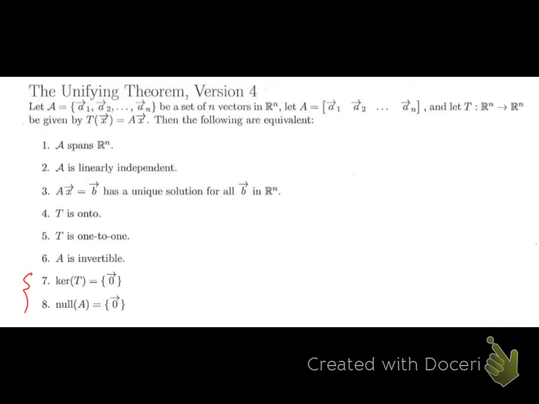If that's the case, then the null space has only the trivial solution, meaning the only solution to Ax equals 0 is the trivial solution. That's saying the same thing as number 3 and number 2. Once 1 is true, they are all true. Our final unifying theorem from all the information we've covered in the class is the next one.